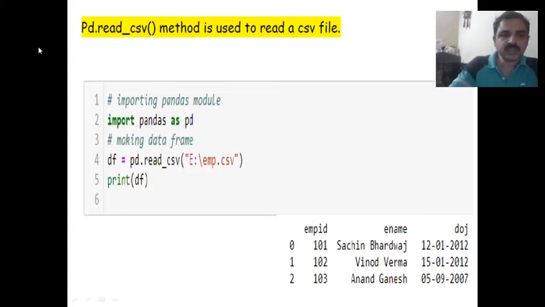See here, some code is written. Import pandas as pd, then df equal to pd.read_csv. Then you mention the CSV file name. emp.csv is the file name here. It is under the E drive.